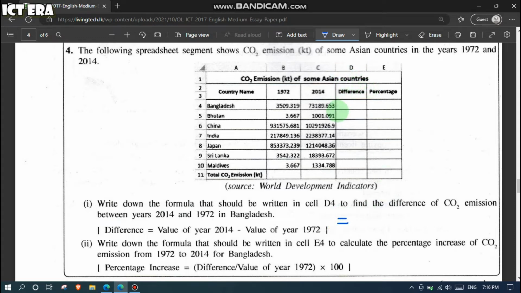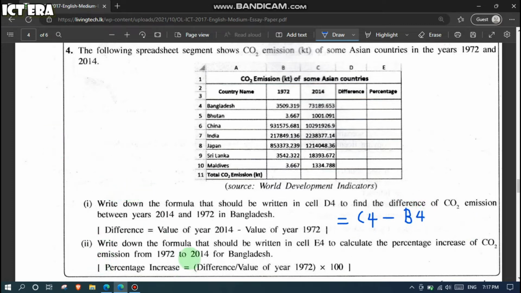Equal. Now here D4. Then we first put the value of year 2014. 2014 means C4, subtract B4, the value of year 1972.